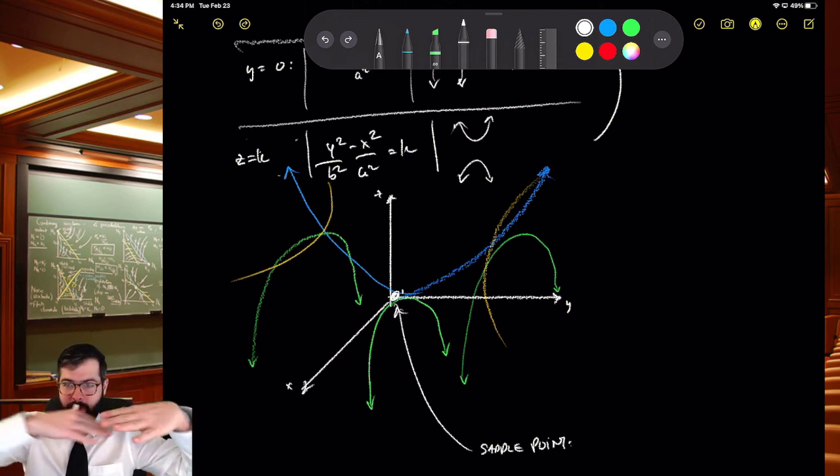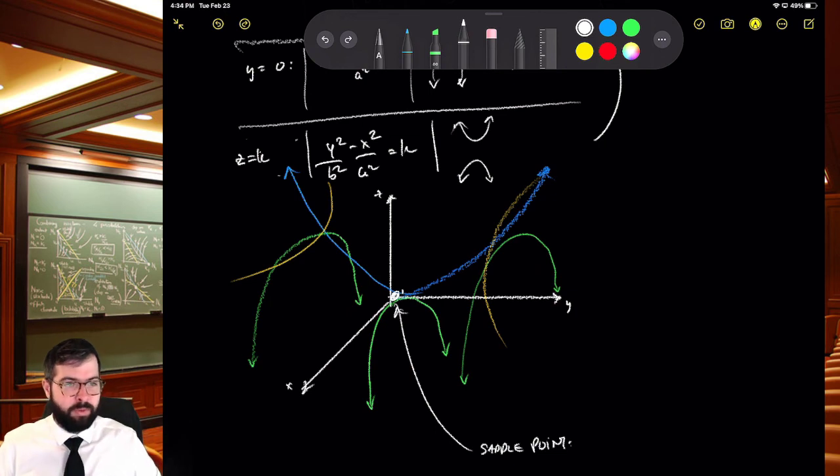So you can kind of think about this saddle being formed, and I'll show you guys a better picture of this. There we go.